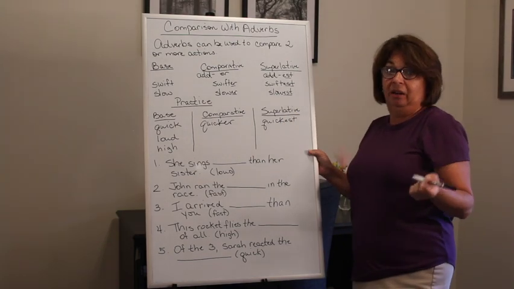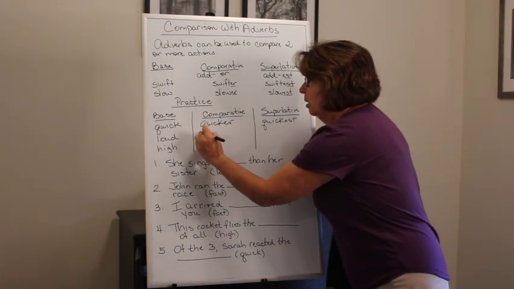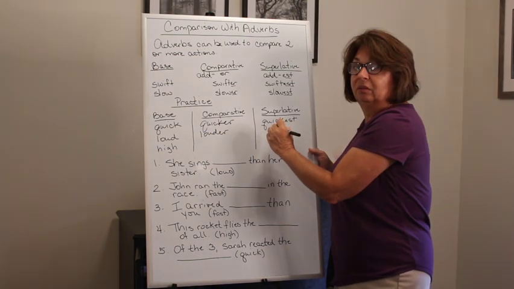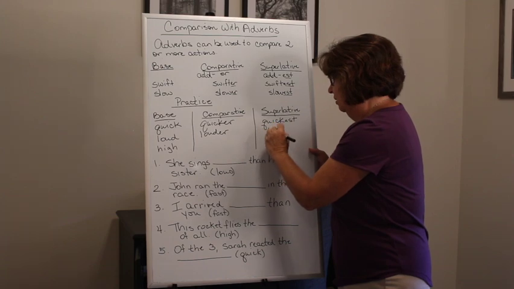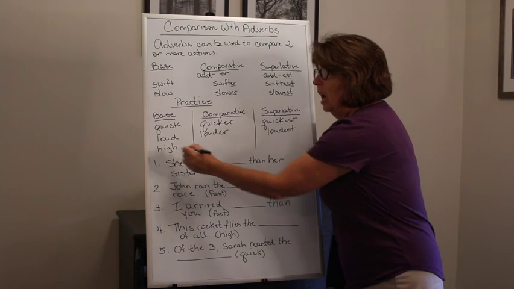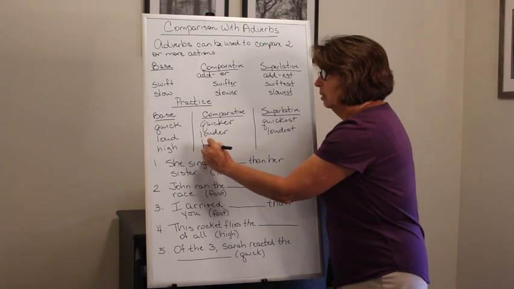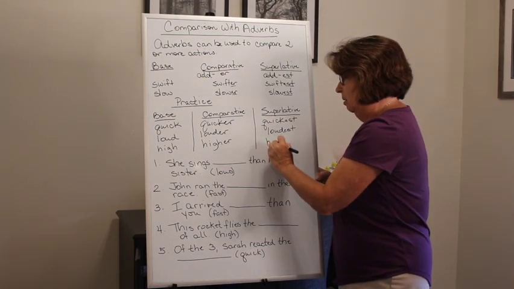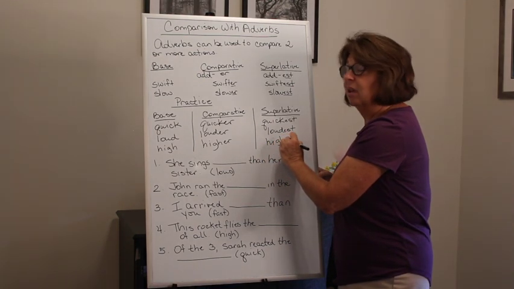Perfect. Loud would become louder, and then what? Correct, loudest. Pretty straightforward. Then high becomes, correct, higher, and then highest.